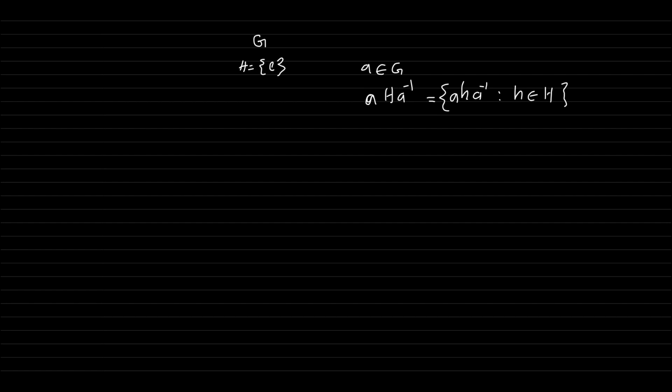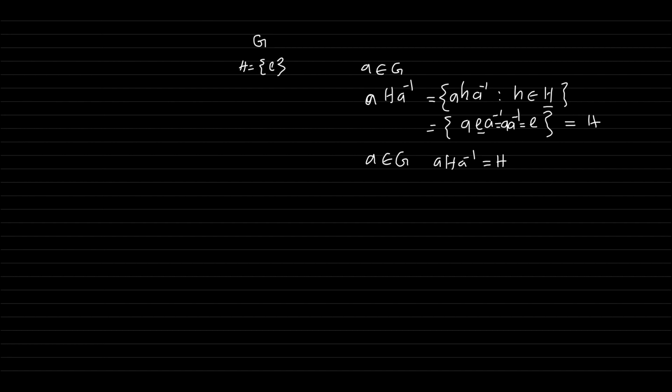Here there is only one element in H, which is the identity. So this is equal to aea inverse. Here e means identity, so aea inverse equals aa inverse, and this is equal to the identity. So this is equal to H. For any a in G, aHa inverse is equal to H.